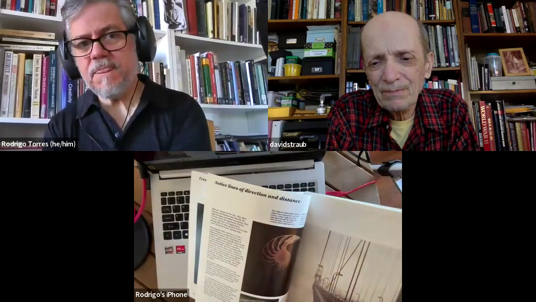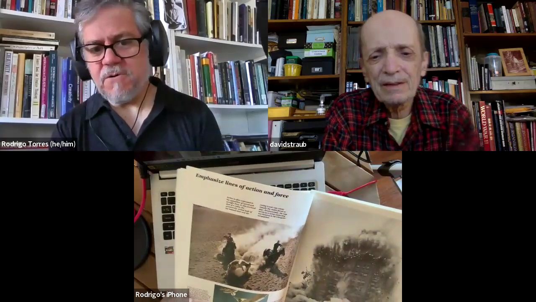And then we have lines of direction and distance. So we have the lines of perspective here. This looks like the Golden Gate Bridge, definitely going to the vanishing point. And we have lines of action and force.